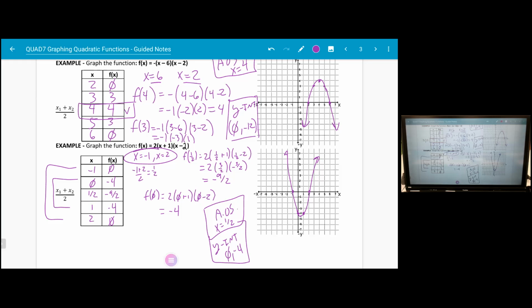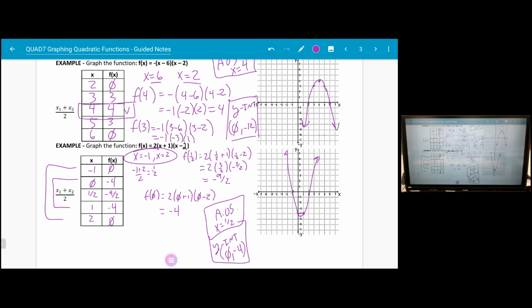You can graph that point. Then you can find a couple values. Well, what's half lower and half bigger than half? So how about 0 and 1? And 0, that helps take care of your y-intercept, right? Takes care of your y-intercept. And using symmetry, you only got to find one of those things. If you plug 0 in, you've got 2 times 0 plus 1 times 0 minus 2. You end up with -4.